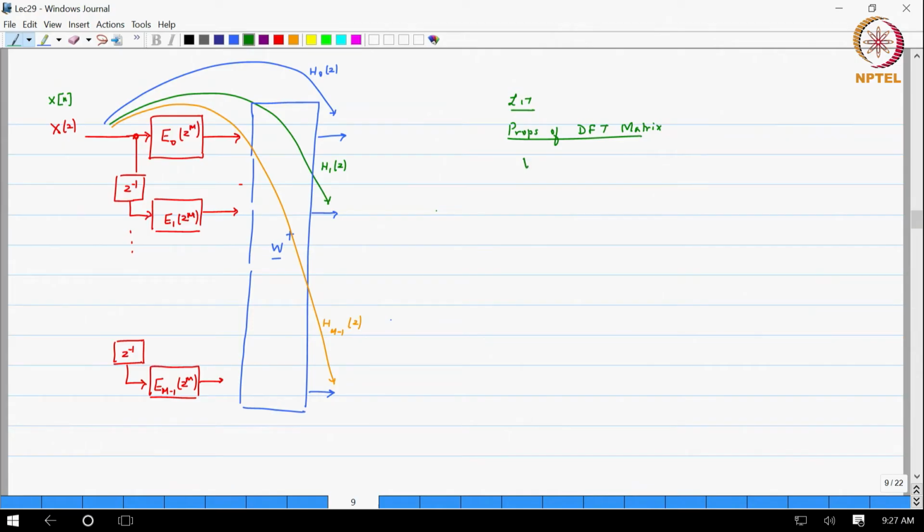So, the notation is W. We usually talk about an n by n DFT matrix. So, the elements of this matrix are W_n(i, j). So, i is the row index, j is the column index.